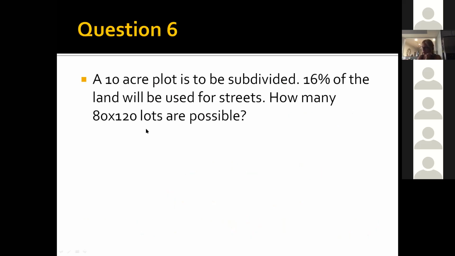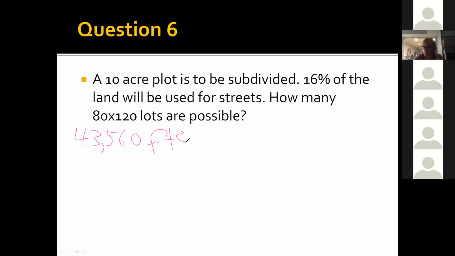All right, another one they like to ask. Remember an acre, and you're going to have to know this for the test. One of the guys in class one time invented a way to remember it. He said an acre is 7-11: 43 for the 7, 560 for the 11. So an acre is 43,560 square feet.